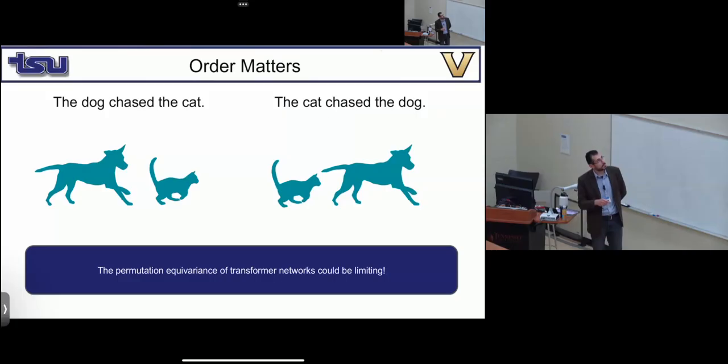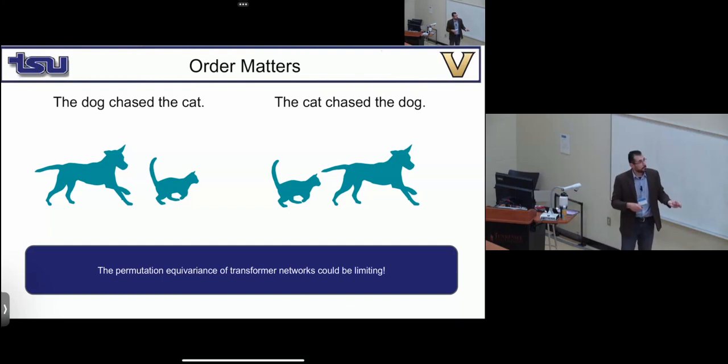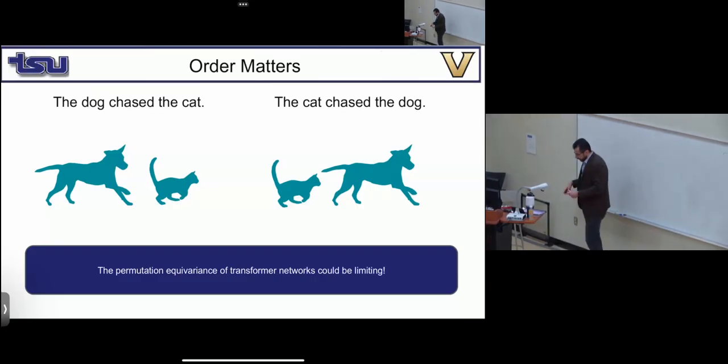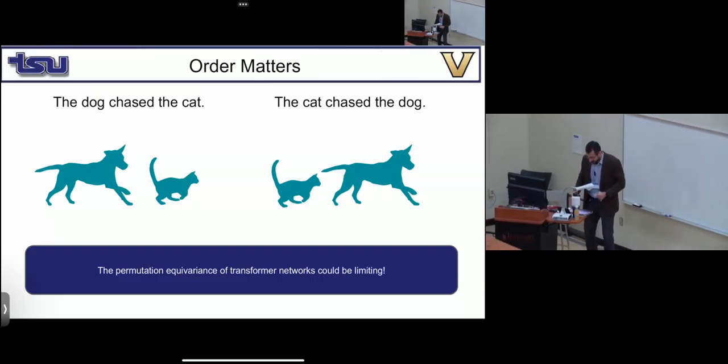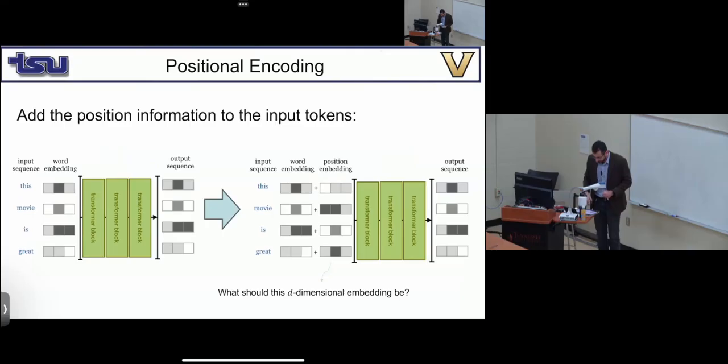These texts, the dog chased the cat or the cat chased the dog, mean very different things. And because we are talking about set neural networks, they are going to be processed exactly the same because they are a permutation of each other. Okay, so here we have a problem. This permutation equivariance in transformer networks could be very limiting, because order matters.